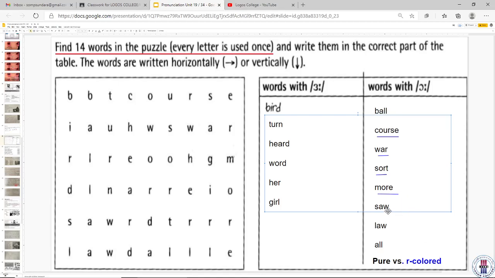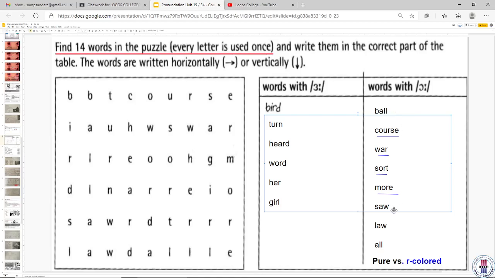The ones that aren't colored will have the pure all sound, like ball, saw, law, all. But these words have the R-colored or sound: course, war, sort, more. I'm going to say that one more time, just see if you can hear the difference.